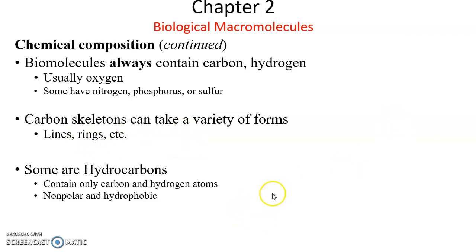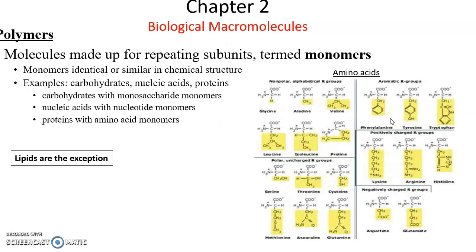And there are a few out there that are just hydrogen and carbon, so those biomolecules would be hydrocarbons, and hydrocarbons with just carbon and hydrogen are always nonpolar, always hydrophobic. Just carbon and hydrogen is nonpolar and hydrophobic. Think about those phospholipids again.